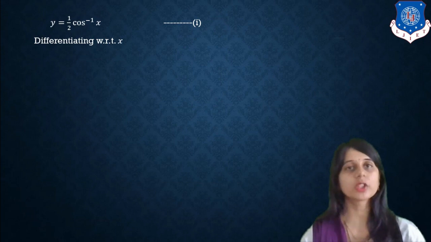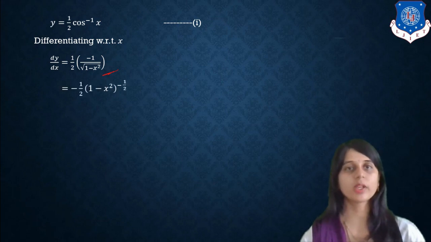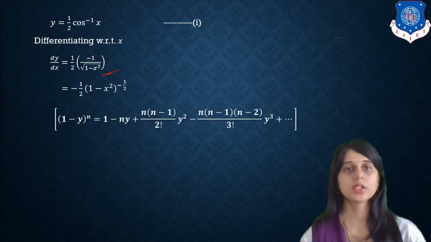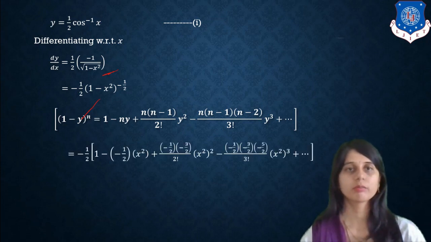Now differentiate with respect to x. dy by dx equal to 1 by 2 into minus 1 upon under root 1 minus x square. This is a differentiation of the cos inverse x. Minus 1 by 2, 1 minus x square raised to minus 1 by 2. Series of this form 1 minus y raised to n, put this series.